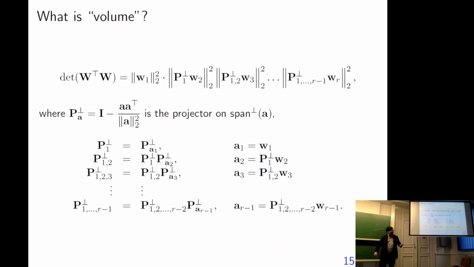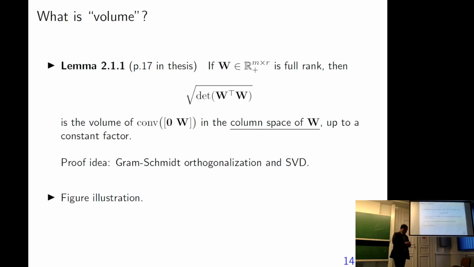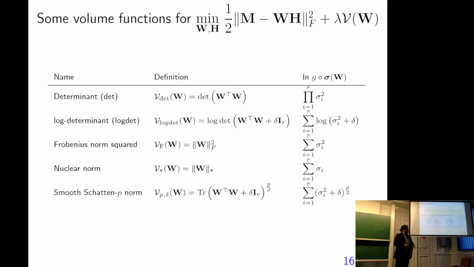The important message here is that the volume is actually related to the determinant. Then linear algebra says that the determinant actually equals the product of the squared singular values. And this gives you some idea.